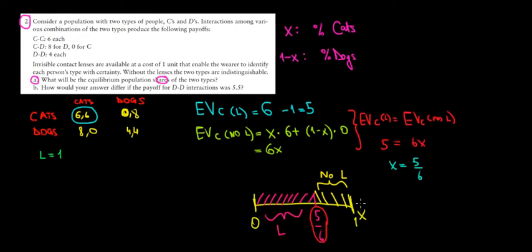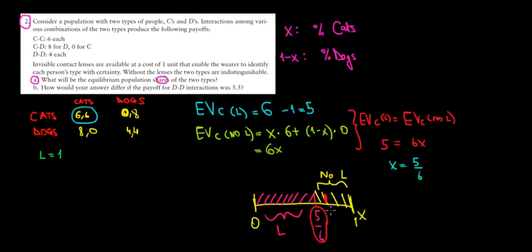If there are so many cats, above 5/6 percentage of cats, it means that there are so many of them that in expectations the value is gonna be higher. And let's just give an example. Let me calculate it here right now. 5/6 is 0.83. Let's say we would have 0.84 cats.